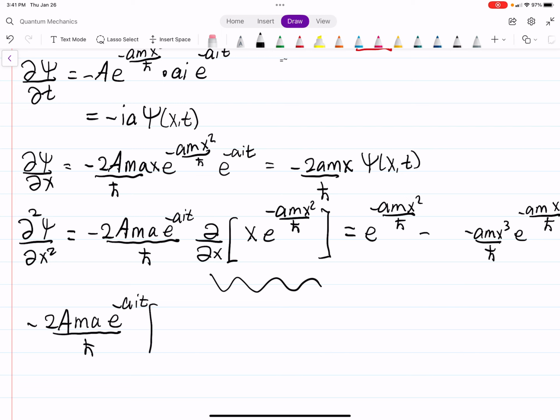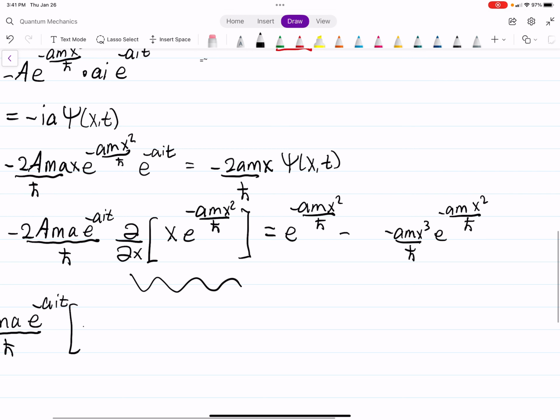And then we have to multiply with that derivative that we just found, which is e to the minus a m x squared over h bar, minus a m x cubed over h bar, e. Did I forget the 2 again here? I believe I did. I believe there should have been a 2 here. I don't know why I keep forgetting that.